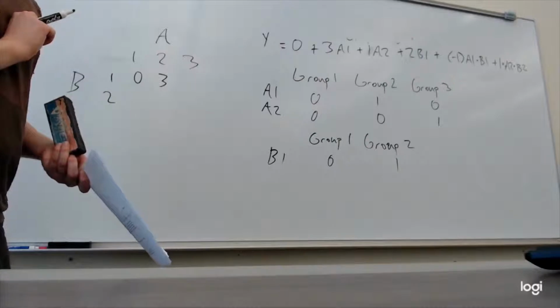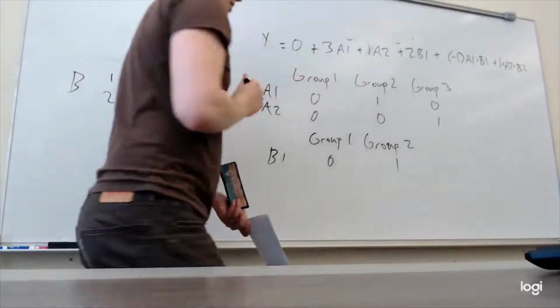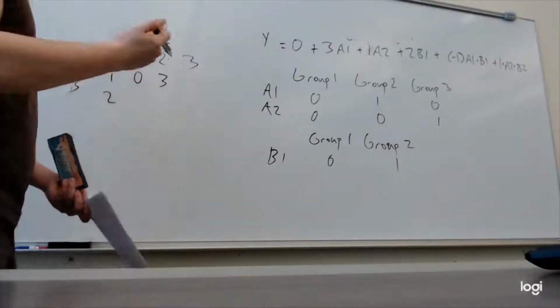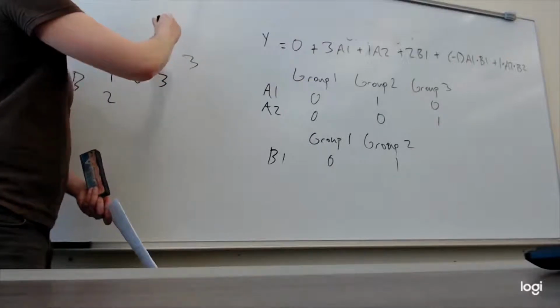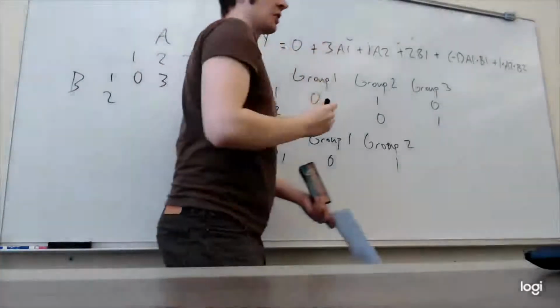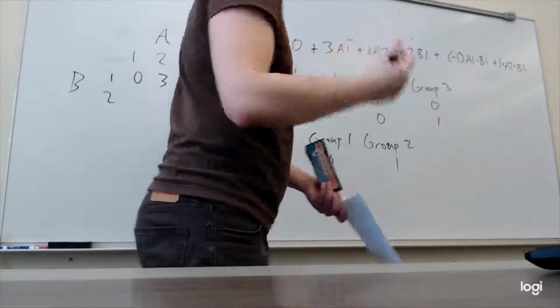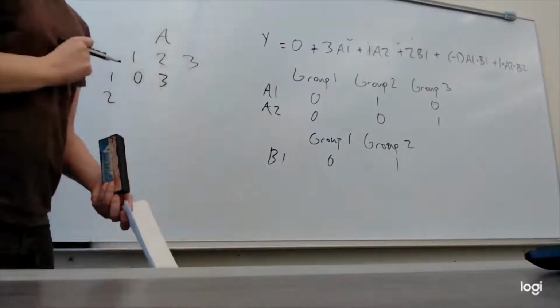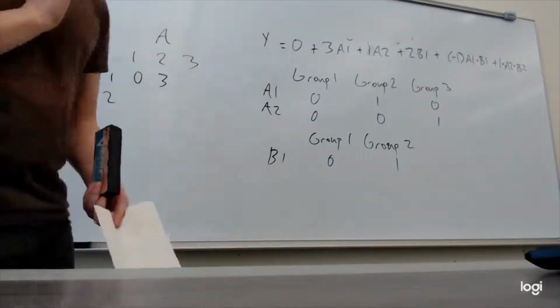Can you repeat that one more time? Sure. The coefficient for A1 tells me what happens to my predictions as I go from group 1 to group 2. This 3 tells me as I go from group 1 to group 2, I increase my predictions by 3. So 0 plus 3 equals 3. Isn't there a plugging way?